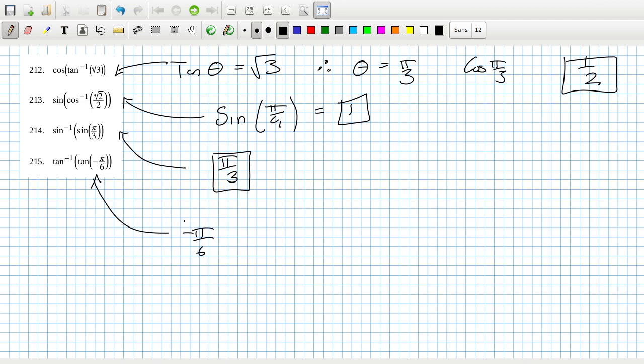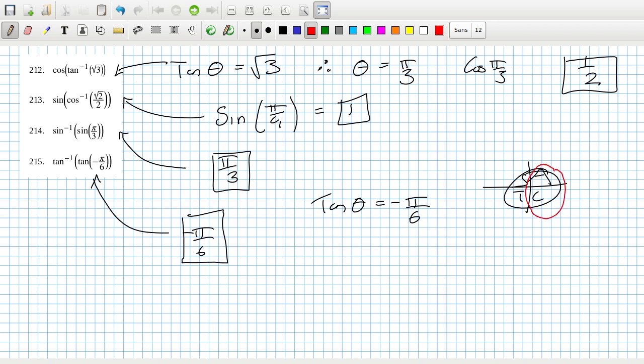Let's just check that. So tan theta equals minus pi over 6. And we're in the first and last quadrant.